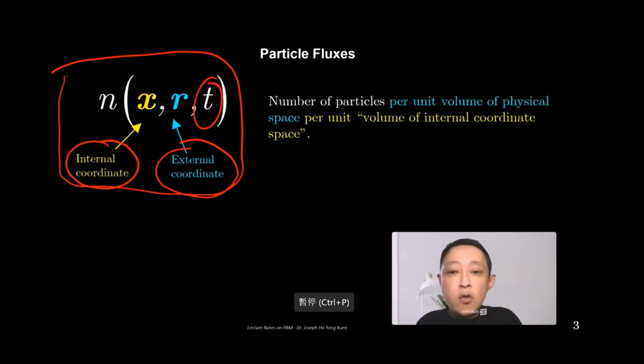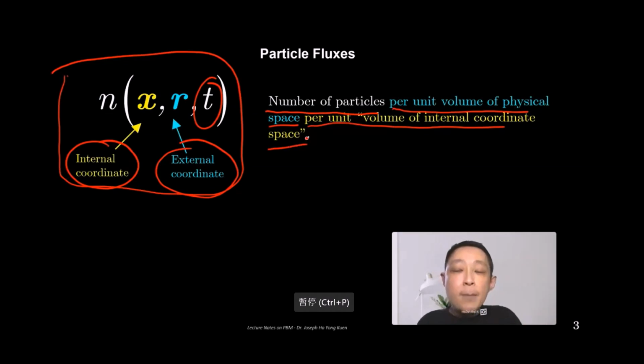Whatever process you are dealing with, this is the term you are going to want to focus on, right? You want to model the evolution of the number density throughout the internal and external coordinate space and with time. The number density function tells us the number of particles per unit volume of the physical space, and per unit volume of the internal coordinate space.